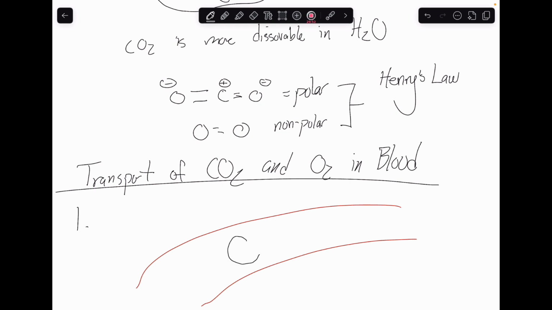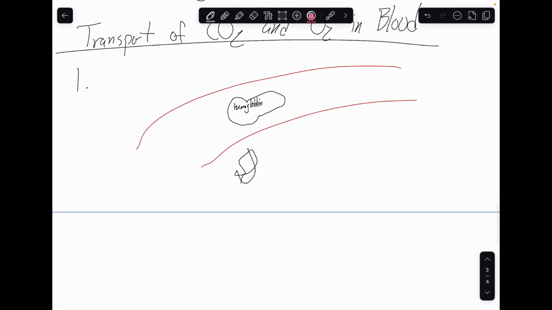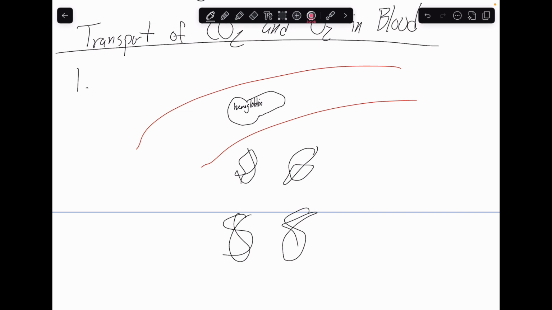Inside the jelly donut, it has hemoglobin. Hemoglobin has 4 different subunits, and we're going to draw them out: 1, 2, 3, 4. We have alpha, beta, alpha, beta.